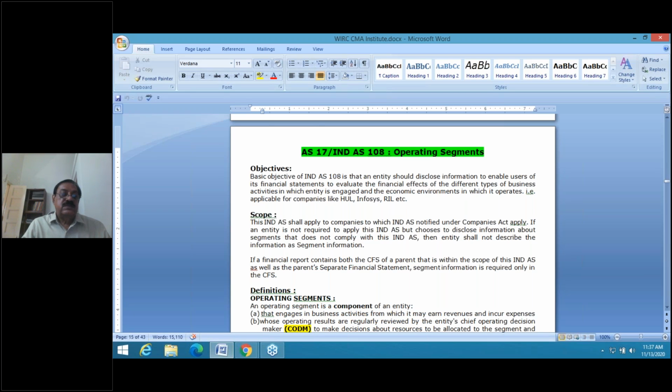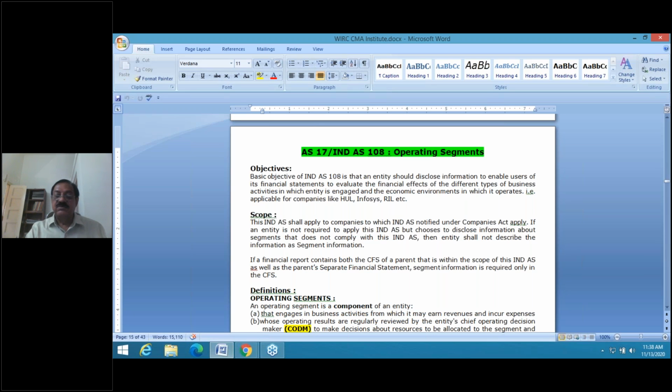Okay, so that is applicable for companies like Hindustan Unilever, which is in multi-products, Infosys, whose clients are from different manufacturing units, banking sector, insurance sector. Okay, that way Infosys has also different sectors in which it is working. RIL is also in different segments.